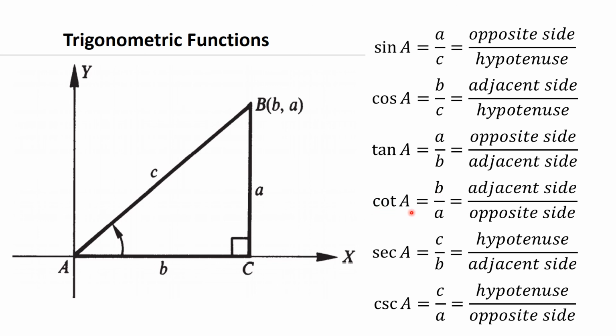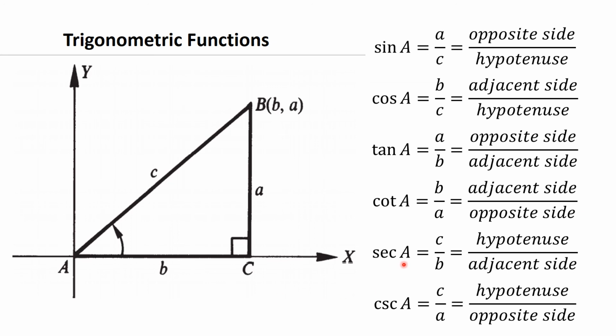Cotangent of angle A is equal to the ratio of side B to side A, or the ratio of the adjacent side to the opposite side.